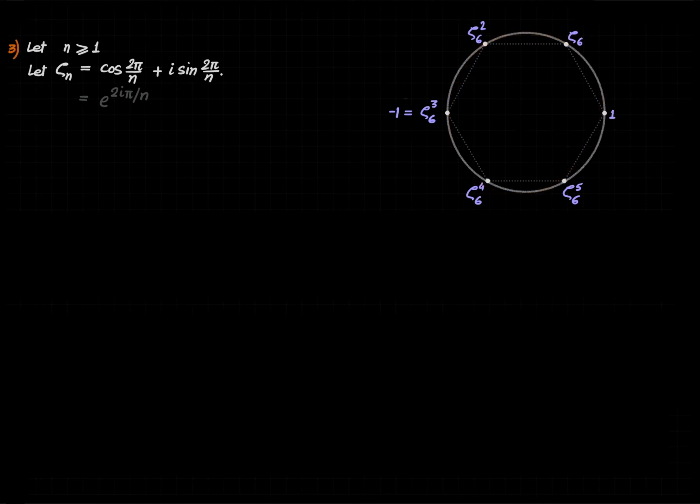Since n is equal to 6, once you raise this to the power 6, you get 1. So this is same as zeta 6 to the power 6. But for every other power, these are the things that are drawn. In general, the picture will look very similar. It's just that instead of zeta 6, you will have zeta n, and that will make an angle of 2 pi by n from the positive direction of the x-axis.